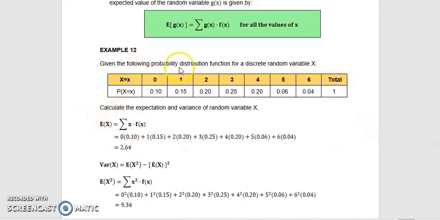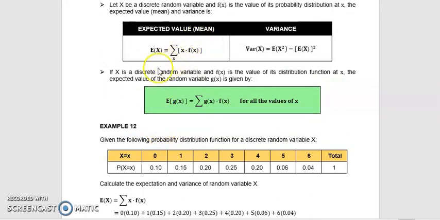Given the following probability distribution function for a discrete random variable x, calculate the expectation and variance of random variable x. Expectation means the mean value, the expectation of x. How do we calculate EX? So EX equals the summation of x multiplied by fx. Again, fx is the probability for that value of x.